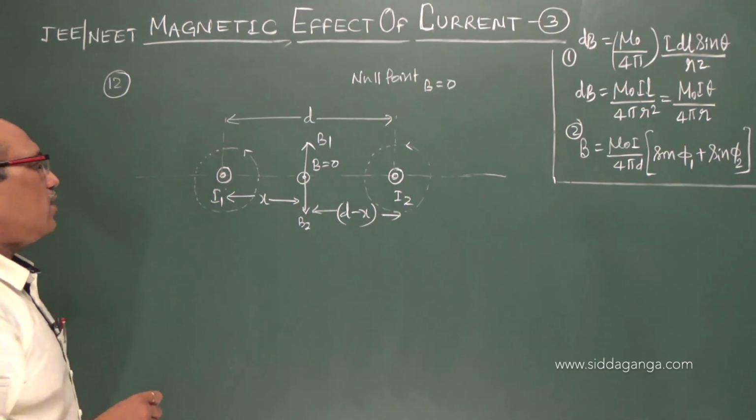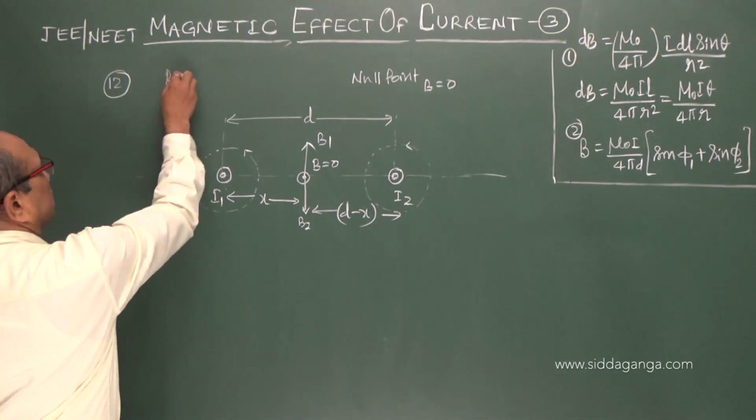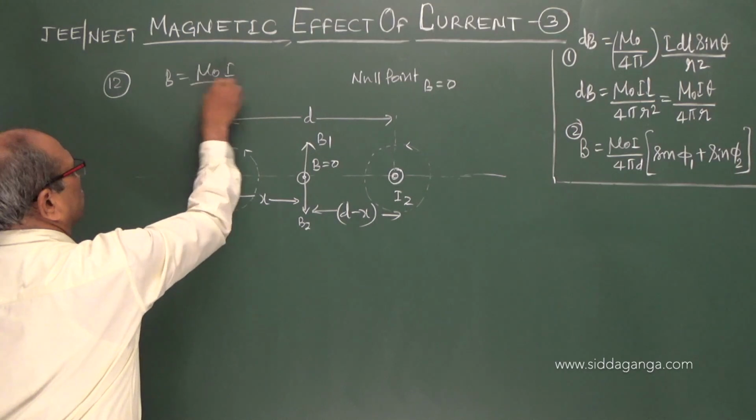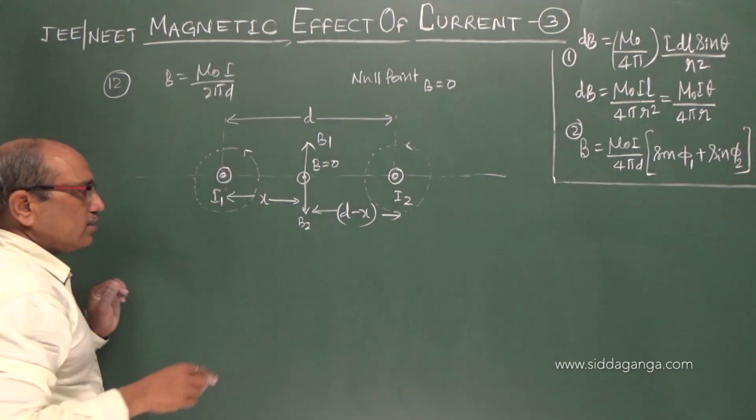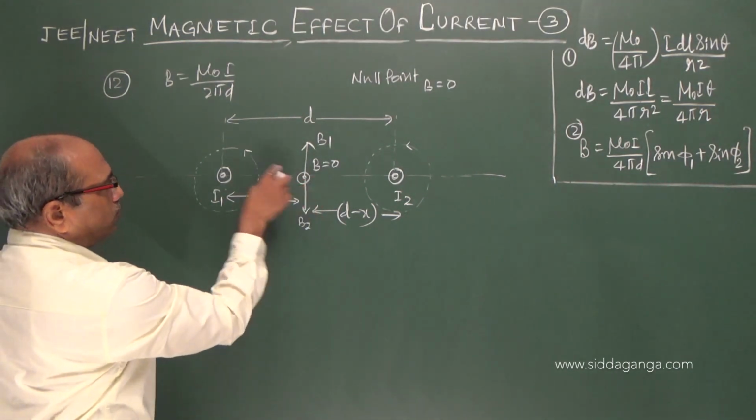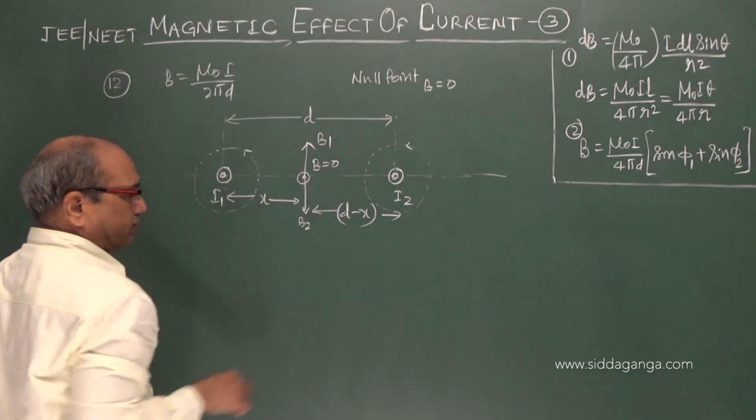You know, for an infinitely long wire, the equation for B is mu naught I upon 2 pi D, where D is the distance of the point from the conductor. Now I hope I told you how this happens.